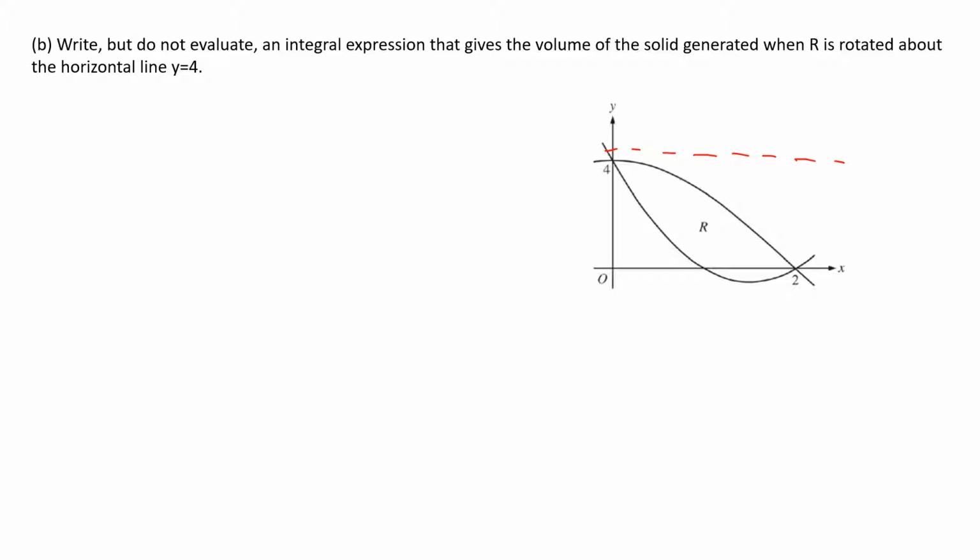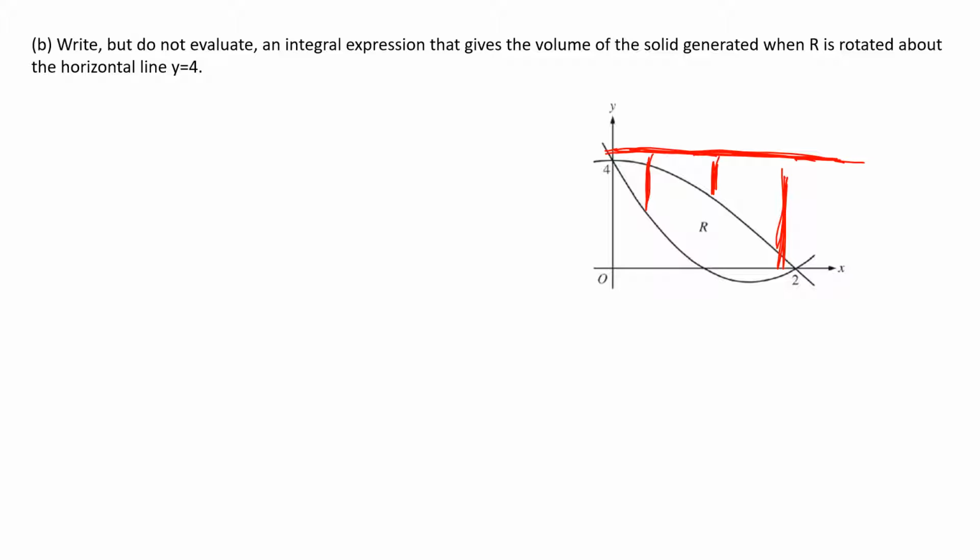So once again, to find the volume, I'm going to need an integral of some sort. But instead of the distance relative to the x-axis, it's this distance between y equals 4 and our curves here, which is just going to be 4 minus f of x or 4 minus g of x. Actually, we're going to incorporate both. I want you to notice a gap here between region R and our line y equals 4, which means that we're going to have to do a washer method problem.